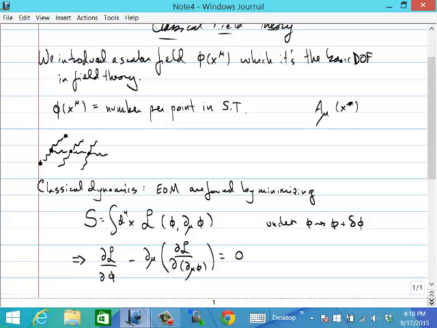And this is the generalization of the Euler-Lagrange principle in classical mechanics, where you have just a finite number of degrees of freedom, to a field theory where you have an infinite number of degrees of freedom, one per each point in space.